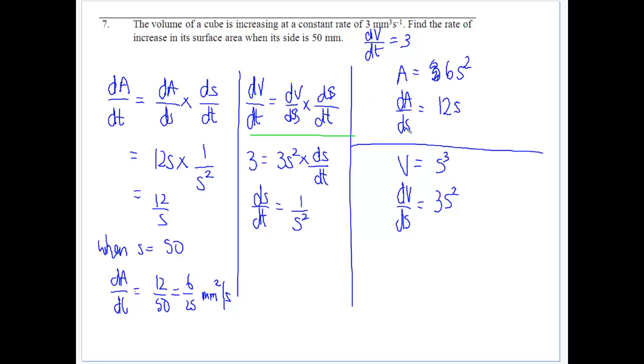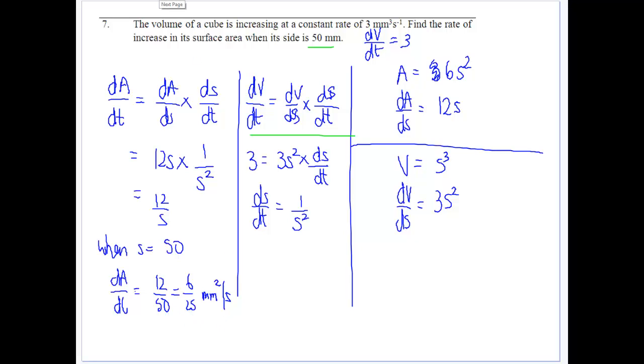We know that the area is 6 times the side squared, so dA ds would be 12s. And then we can start to put that together to get an expression for dA dt in terms of s, which is okay because we've got the side being 50. So it's not a problem getting an expression in terms of the side, because we can substitute that in. 12 on s, so where s is 50, we get 12 on 50, or 6 on 25.